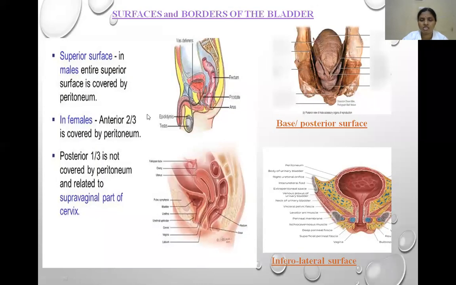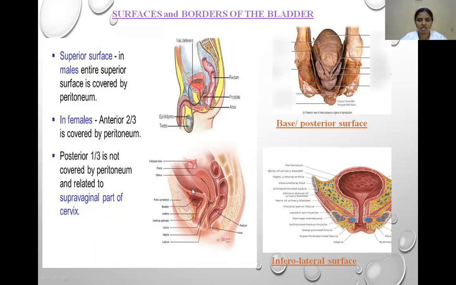Then surfaces of the urinary bladder. What are those surfaces? Superior surface. Here you identify this is the superior surface. The entire superior surface is covered by peritoneum. After covering this superior surface, anteriorly it extends onto the anterior abdominal wall, whereas laterally it extends onto the lateral pelvic wall.